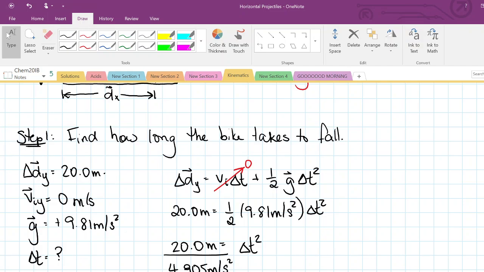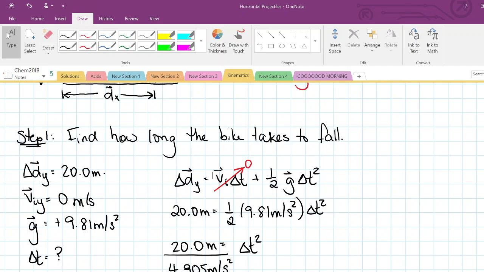Displacement y is equal to velocity initial times change in time plus 1/2 gravity times change in time squared. I forgot my vector arrow up here. Now, this initial y velocity is 0, so I can just send this whole term to 0, so I can ignore it. And what I'm left with is 20 meters is equal to 1/2 times 9.81 meters per second squared times my time squared.